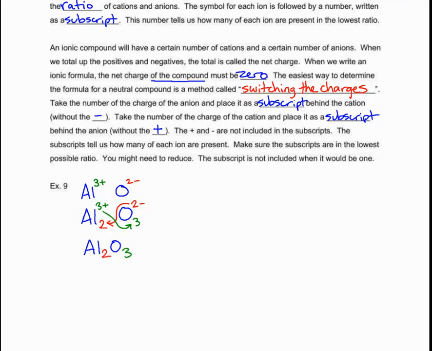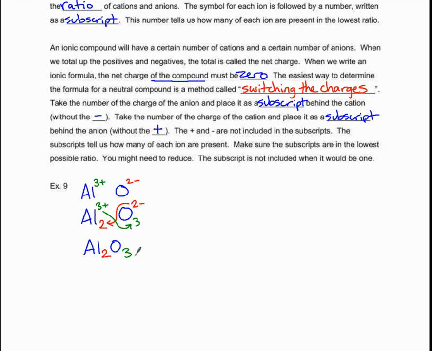So Al2O3. And this is my final chemical formula. You'll note that the subscripts do not have pluses and minuses. They're just numbers.